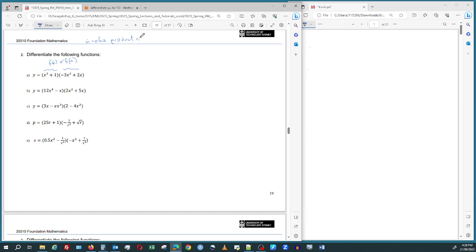Product rule we saw. Now the way that I do this is y dash equals u dv plus v du. At school, it's often taught to have the same format as the quotient rule, which means v du plus u dv.